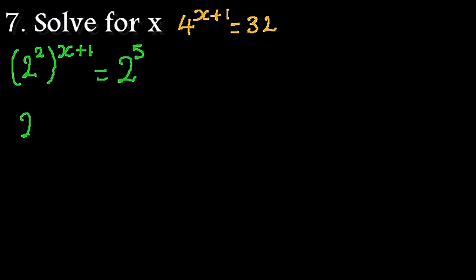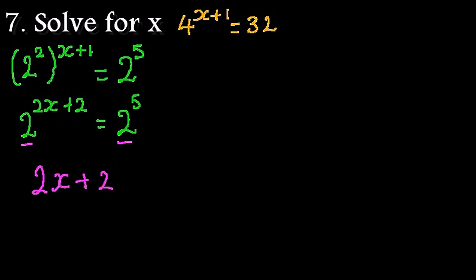Here we have 2 multiplied by x, you get 2x. 2 multiplied by 1, we get 2, is equal to 2 to power 5. Now we have a common base, and therefore the indices are the same. So we say 2x plus 2 is equal to 5.